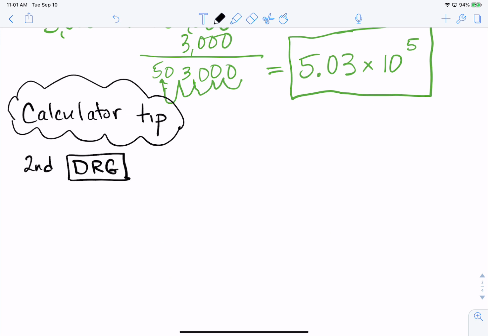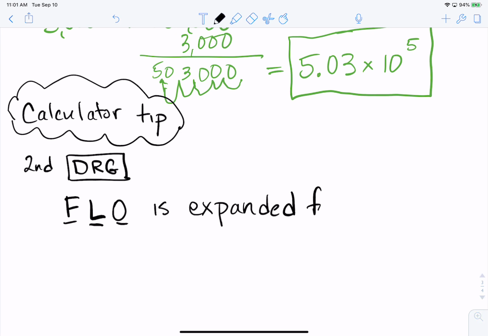Ooh, I don't know what that one is. So anyways, oh, that's yours. You are going to hit the second function and DRG, and what should come up is something that looks like FLO, which is expanded form, or SCI, which is scientific notation.